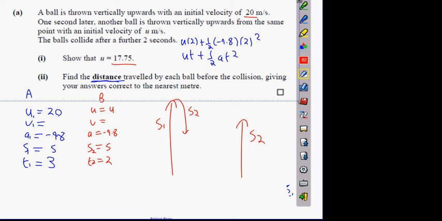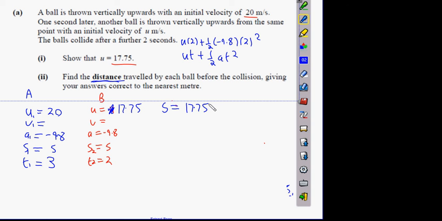So what we have here, guys, is S2. Now, S2 is going to be, U is 17.75, and we have to find out what this displacement is. So once again, we're going to go for UT plus a half AT squared. So S equals 17.75.